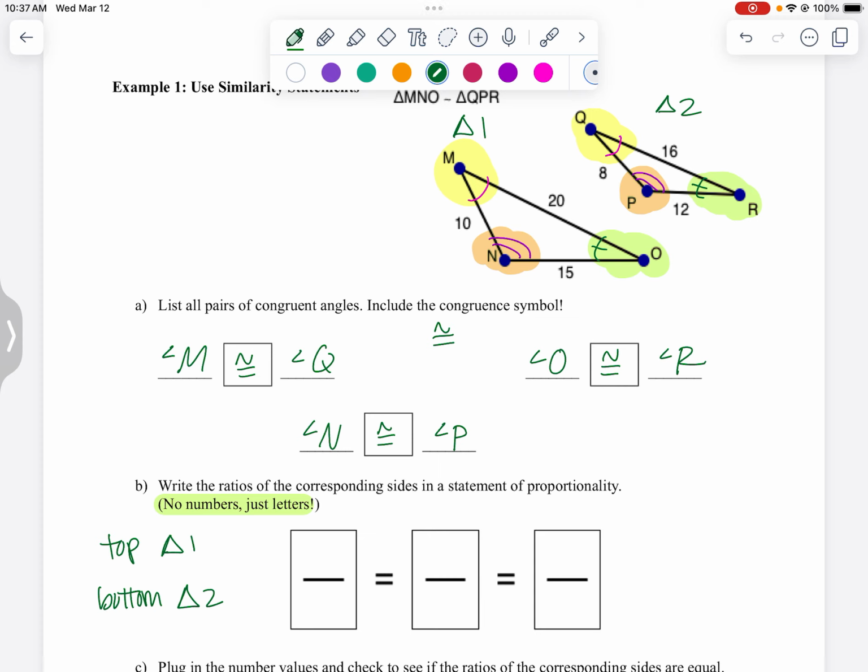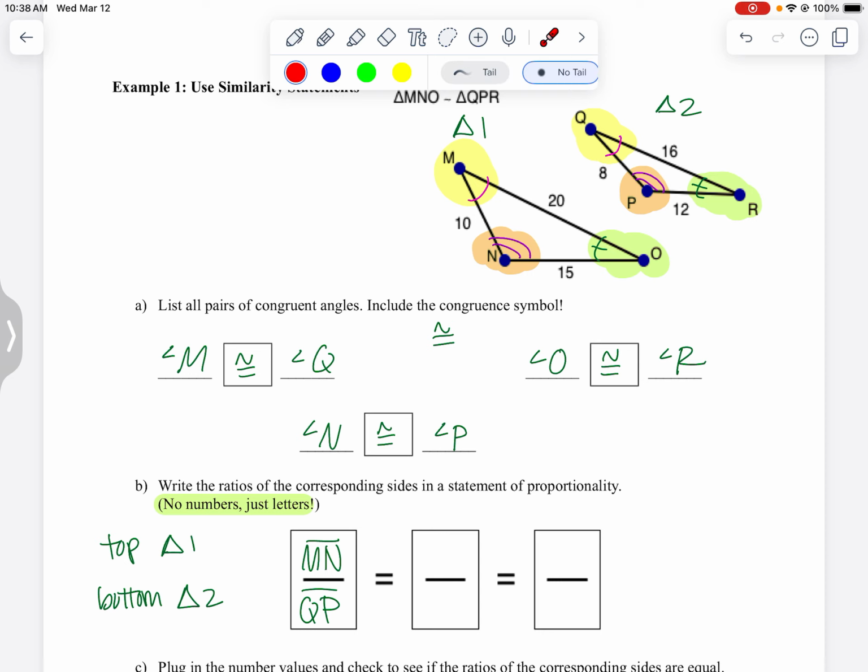So my first side, I could say MN. And side MN matches up with side QP, right? I see my angles are corresponding. So I have side QP on the bottom.